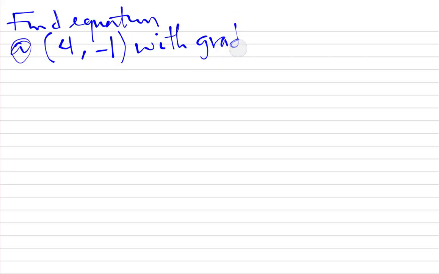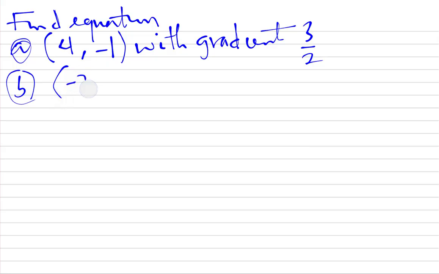With gradient 3 over 2. Then B, look at this one too: minus 3 comma minus 5 with gradient 2. So you do that.